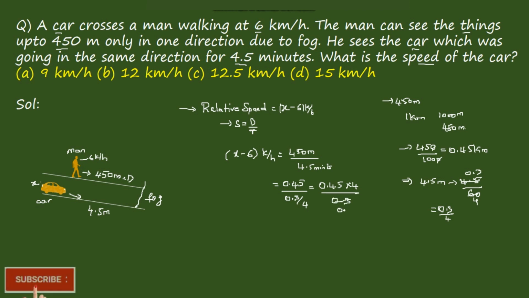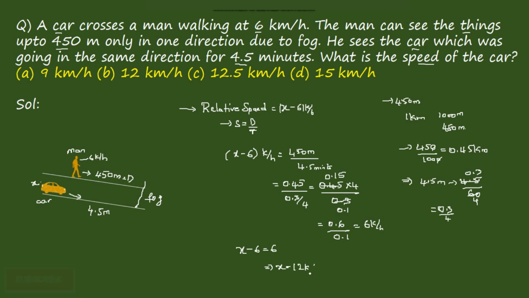It becomes 0.15, 4 into this becomes 0.6 by 0.1, which is equal to 6 kilometers per hour. But we know that x minus 6 is equal to 6. Then we get x equal to 12 kilometers per hour. So the speed of the car is 12 kilometers per hour. Option B.